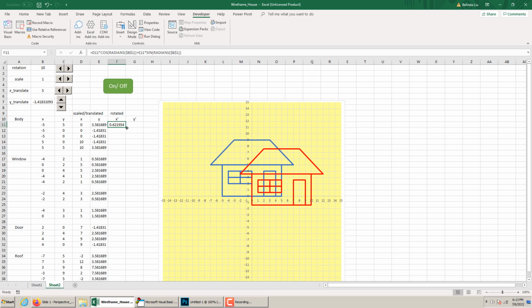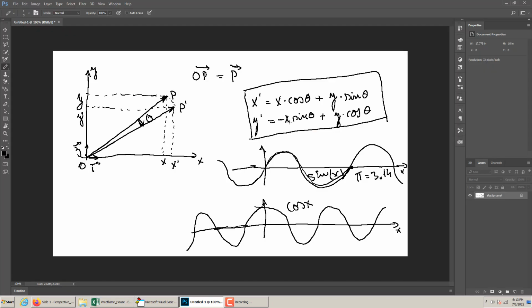Okay, let's now copy this to the right. We need to move this reference here, or we could have put a dollar sign in front of the column. Hit return to save this and then go here and let's look at the formula. Minus sine plus cos.